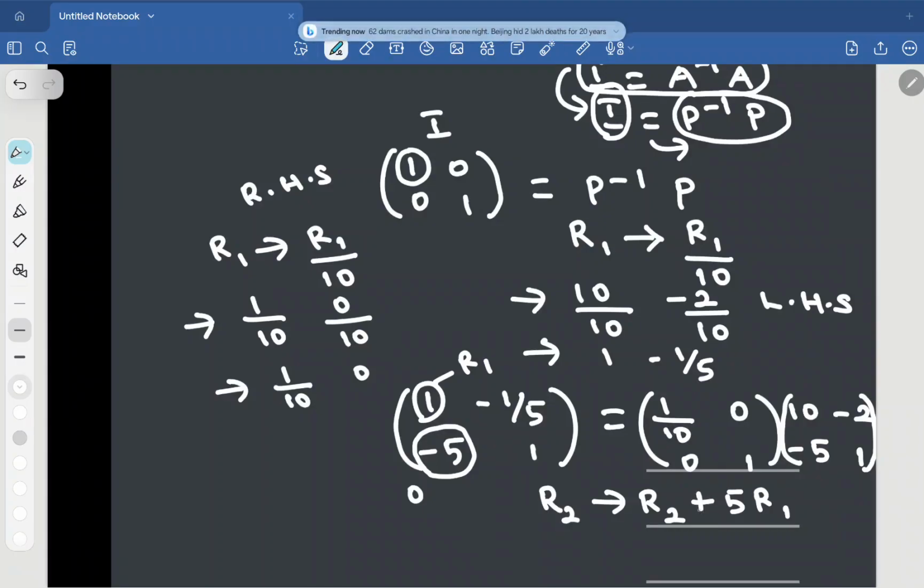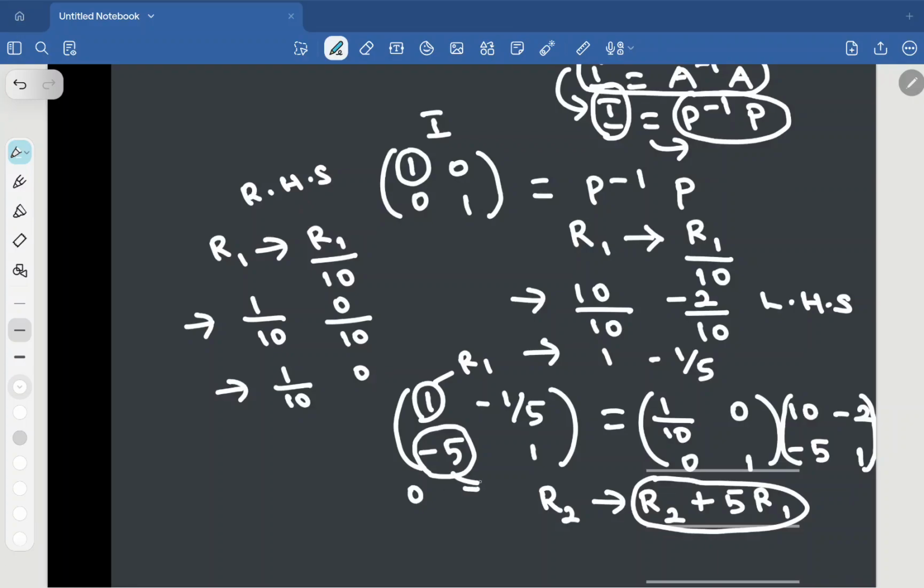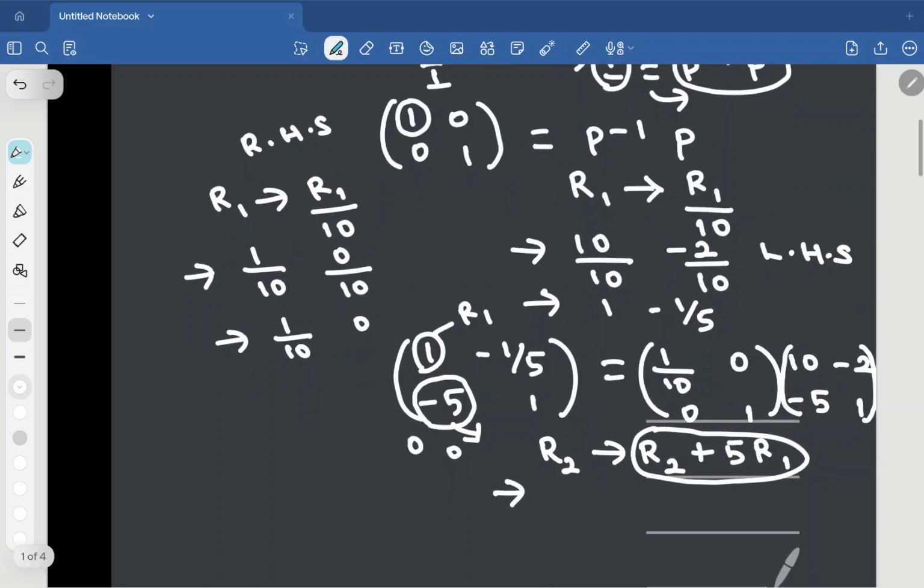If I add R2 plus 5 R1, automatically this term will be 0. R2: minus 5, 1, plus 5 times R1: 1, minus of 1 by 5.